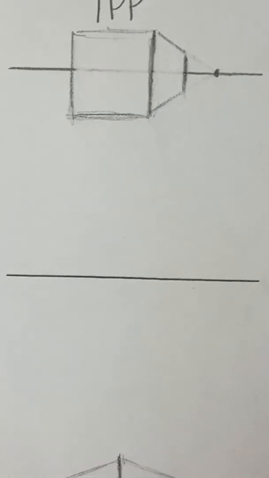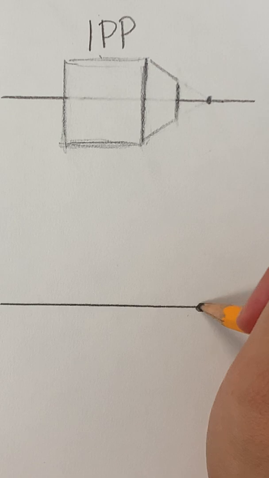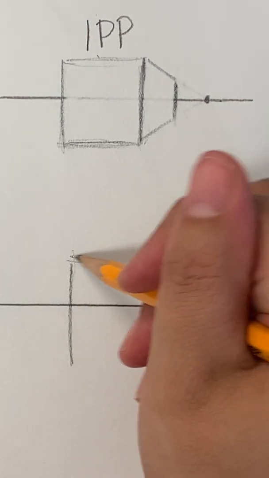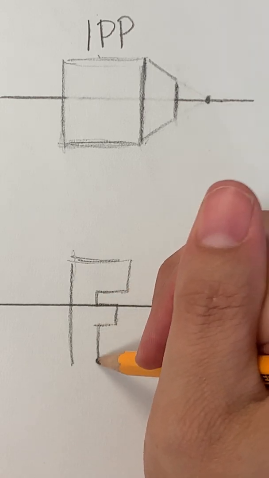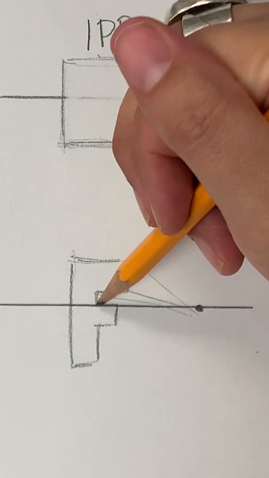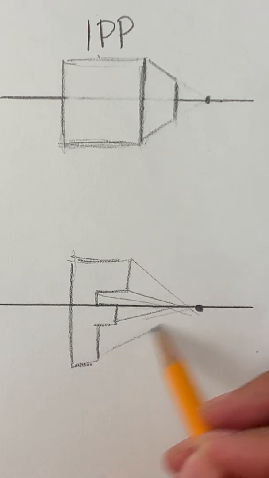If I were to make the letter F with this 1-point perspective, I would make my letter F, and then all of my main points will go to my vanishing point. You would obviously use your ruler. I'm just trying to show you quick.